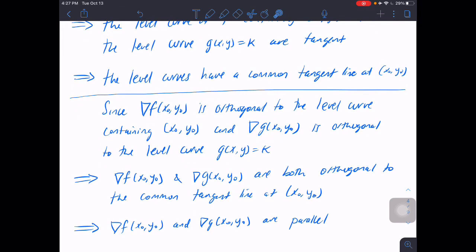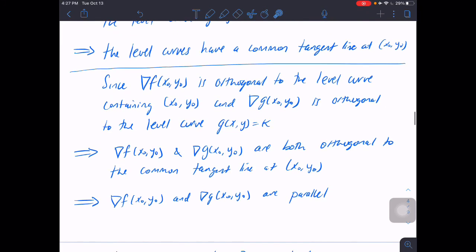Well, since they're both orthogonal to the level curves, and the level curves both have a common tangent line at that point, then the gradients of f and the gradient of g at that exact point are both orthogonal to that common tangent line at that point.